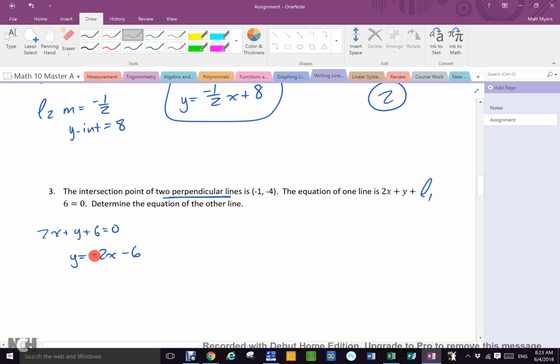That is one of the lines. The perpendicular line, line 2, the slope of line 2 must be positive 1/2, and it goes through the point -1, -4. Now you have a slope and a point, so it is y plus 1 equals 1/2 x plus 4.